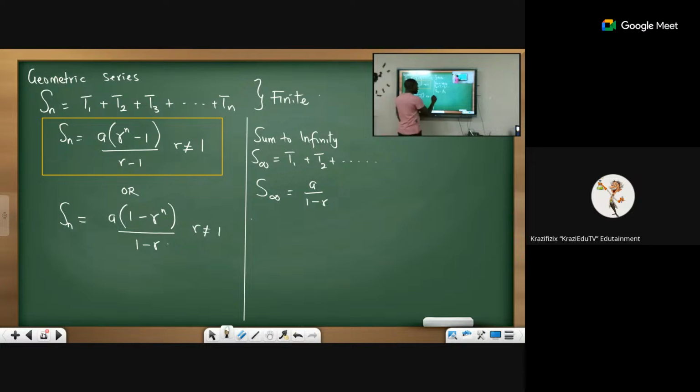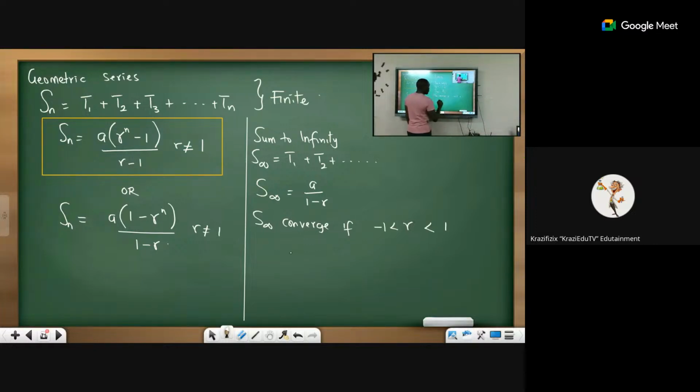Then I spoke about, before I go to the relationship, S to infinity will converge. Convergence: if R is between -1 and 1, that is the condition.